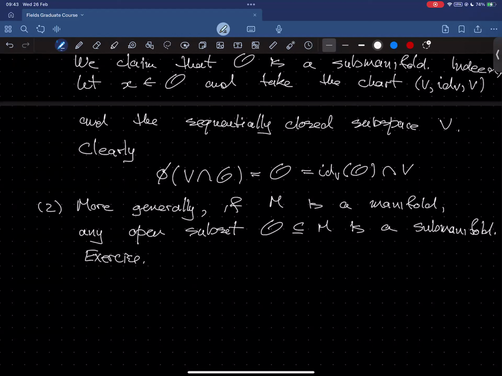Okay. In any case, such submanifolds are called open submanifolds. It's just another way of saying open set. When you want to say that these have a manifold structure, you call them open submanifolds.